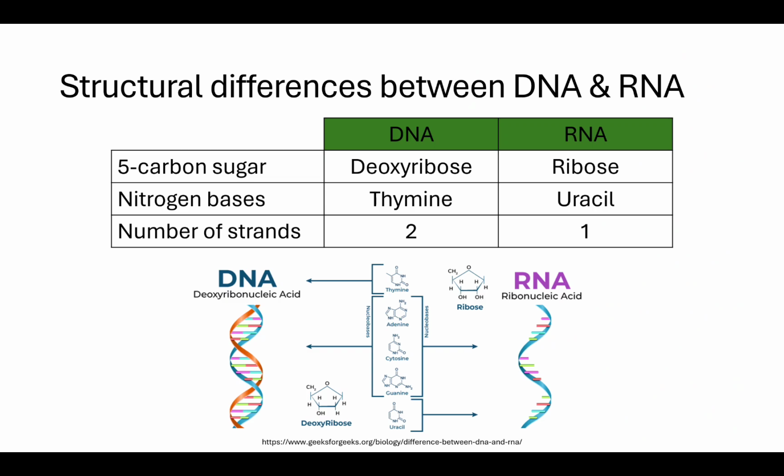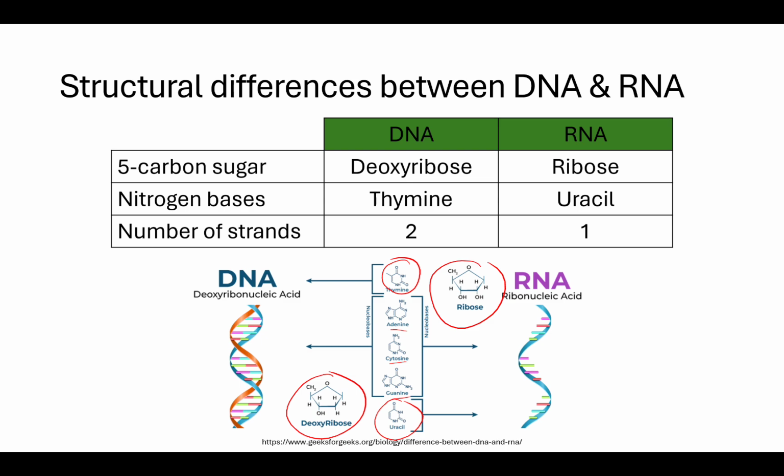Some of the structural differences between DNA and RNA are what the 5-carbon sugar is. So remember, DNA contains deoxyribose, RNA contains ribose. Then all of the nucleic acids have 3 nitrogen bases in common. They have adenine, cytosine, and guanine. But in DNA, you have thymine, and in RNA, those thymines are instead replaced with uracil.